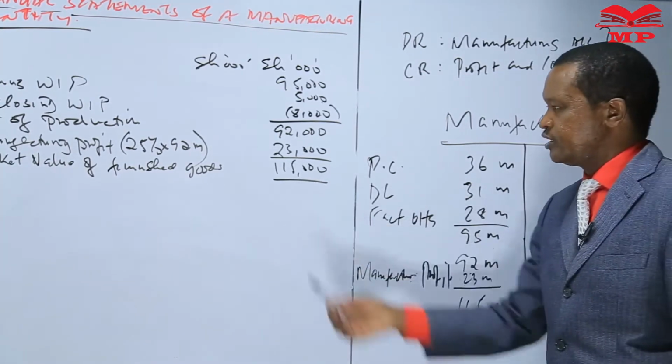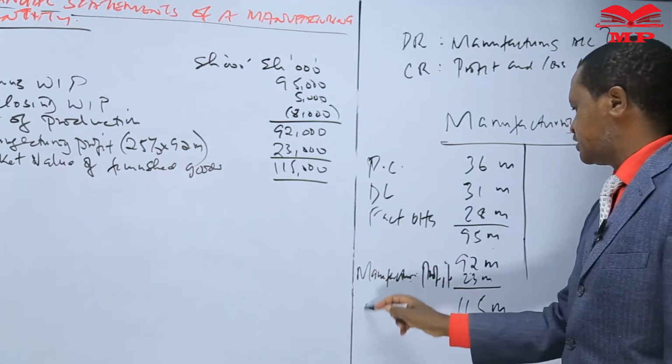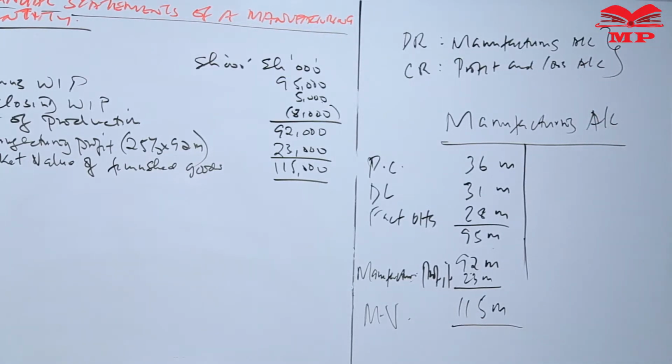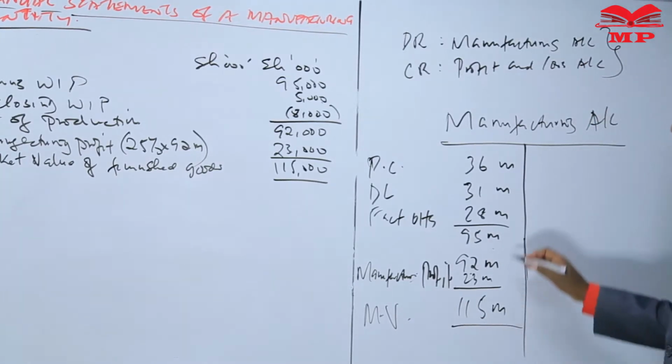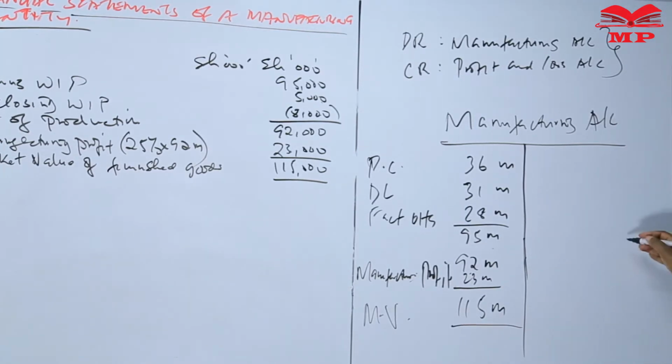This 115 million is the total market value. To close this account, there is a balancing figure here of 115 million.